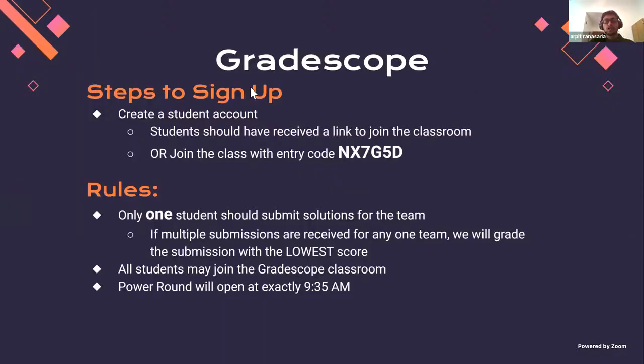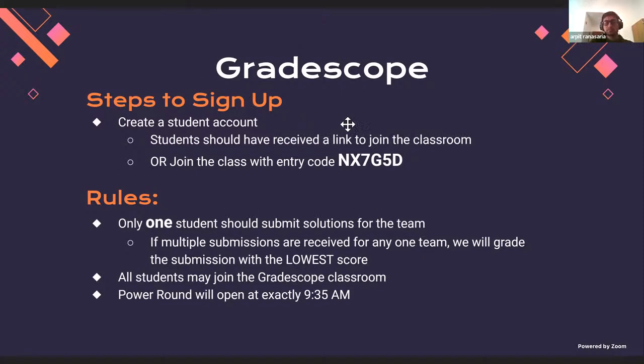First, the most important thing for you to do right now is to join the Gradescope. In order to do this, you should go to gradescope.com and create a student account. You'll also hopefully be receiving a link shortly, but definitely just set it up on your own. You should use a class with entry code NX7G5D.